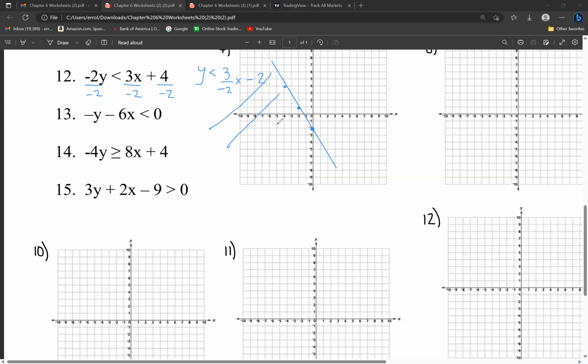So all this, not touching the line. All right, so copy that down or take a picture. Okay, I have it. Clear that. Okay, so what was that? 12. Okay, 13. How do we do 13?